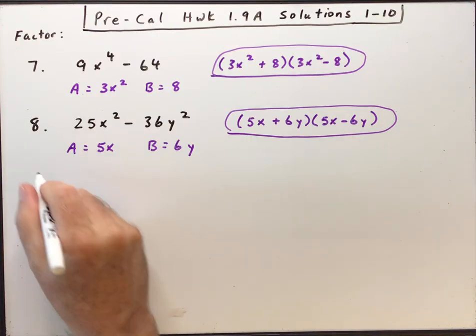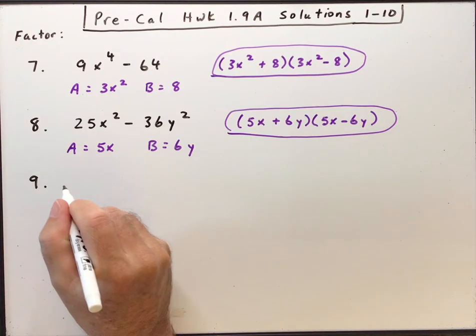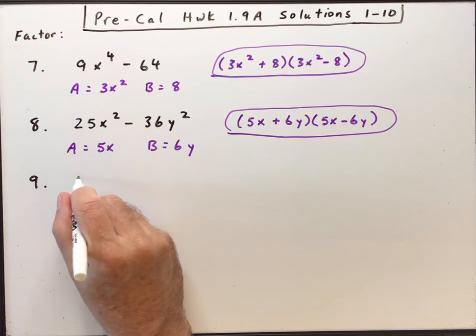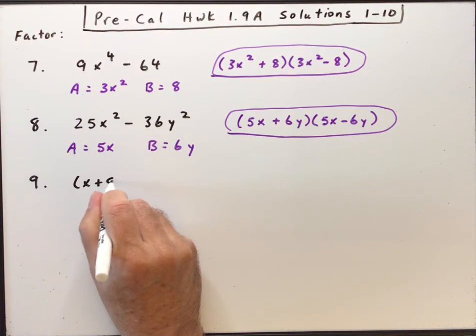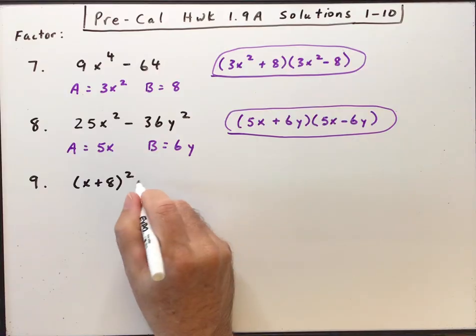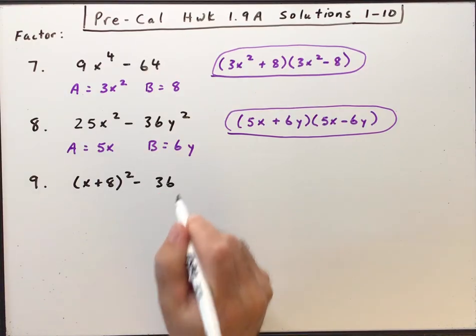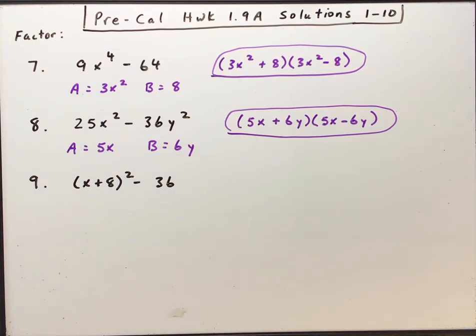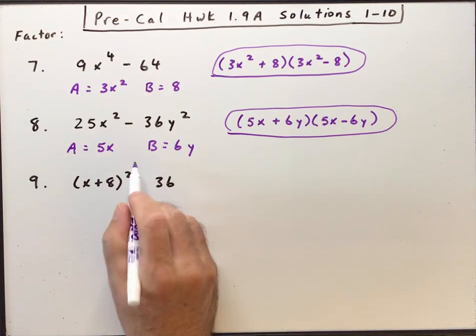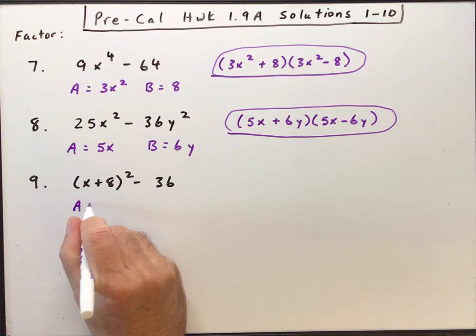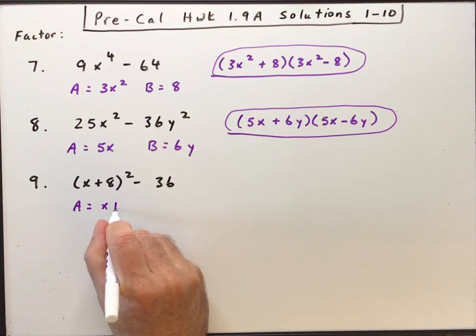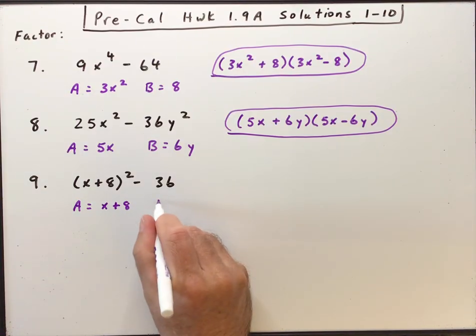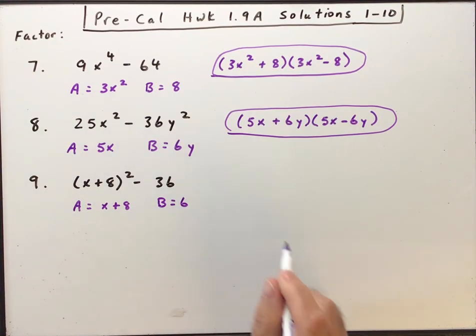Number 9, we have x plus 8 all squared minus 36. So kind of like numbers 5 and 6, we have a quantity, but if you take the square root of that quantity, it is a perfect square. So A is x plus 8, and B would be 6.